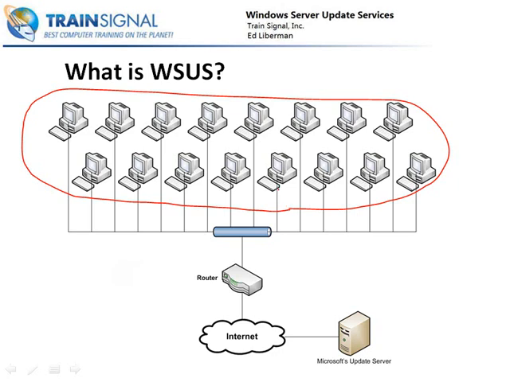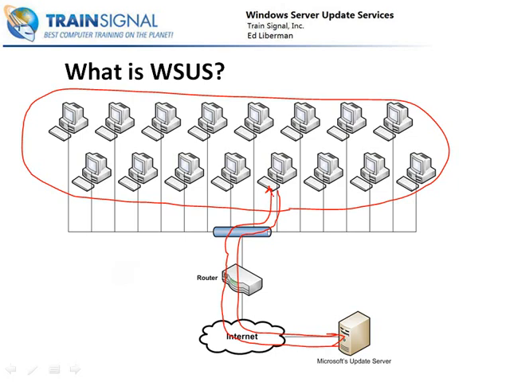So for example, I have one client here who would have to go across our network, through the router, out to the internet, and over to Microsoft's update server just to do a query to see if there were any updates available. If there are updates available, well then the update server needs to go ahead and not only communicate that, but download those updates back to the individual machine.